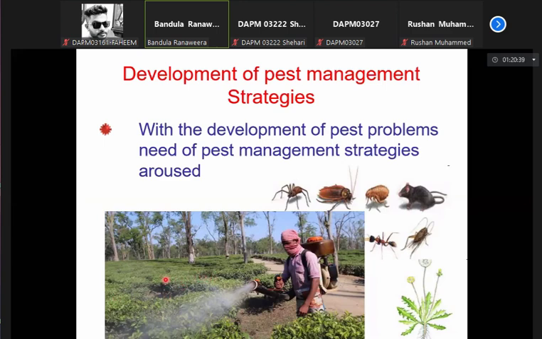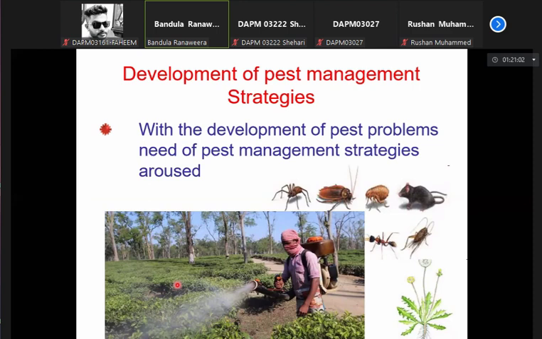The other thing is that crop plants are given higher levels of inputs and nutrients, sometimes excessive levels. It is not the recommended level. But even with the recommended level, crop plants are in good condition for consumption by primary consumers.